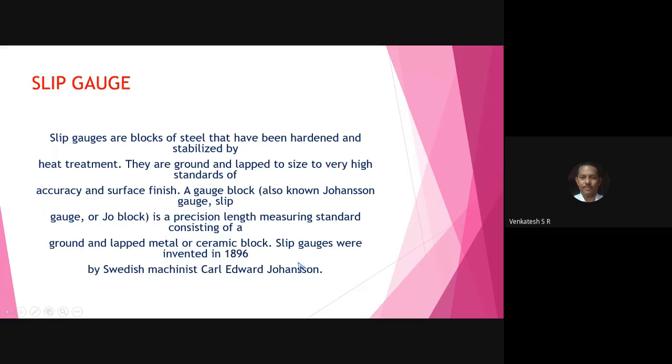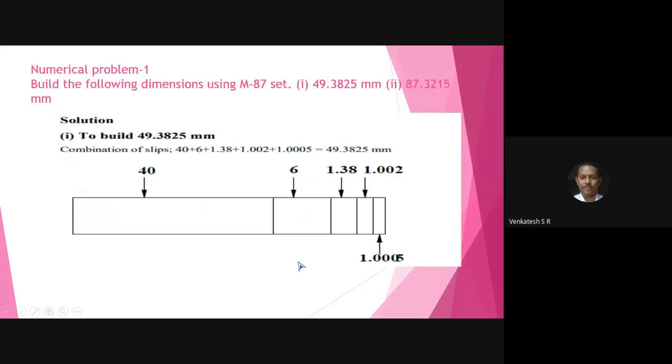So for building this dimension, start from the last decimal place, that is 1.005. That is the fourth decimal place. Next you set the slip gauge for the third decimal place, and then the first and second decimal place.